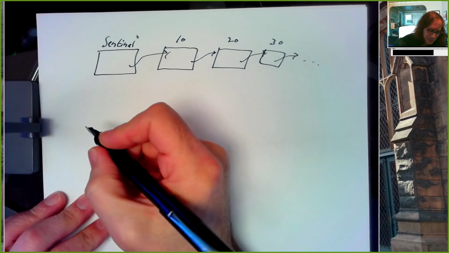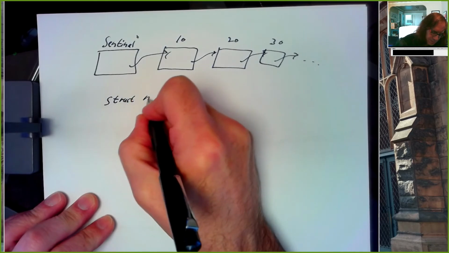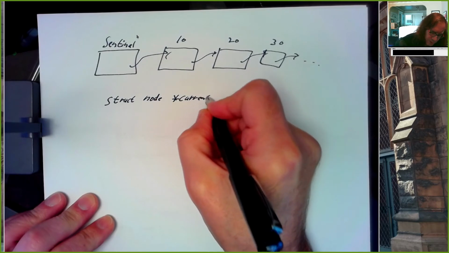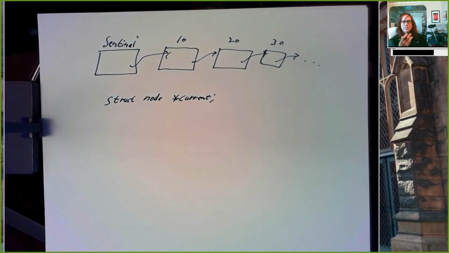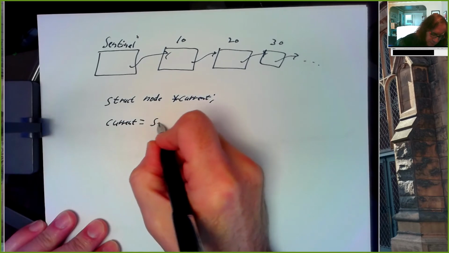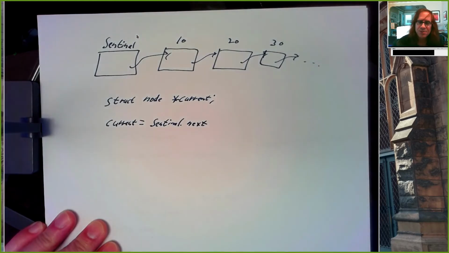Same thing that we did in PA1. I'm going to have a temporary variable which I'm going to call current, and it's going to be a struct node pointer. Instead of an integer index into an array, it's going to be the memory address of a node. That's what a pointer is. So I would probably initialize it to the thing that sentinel points to.